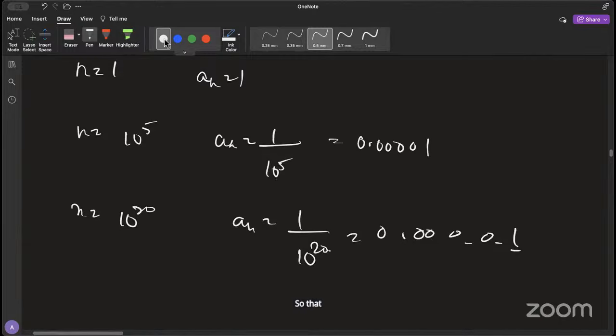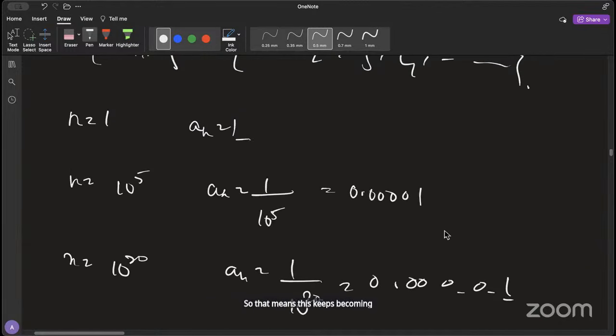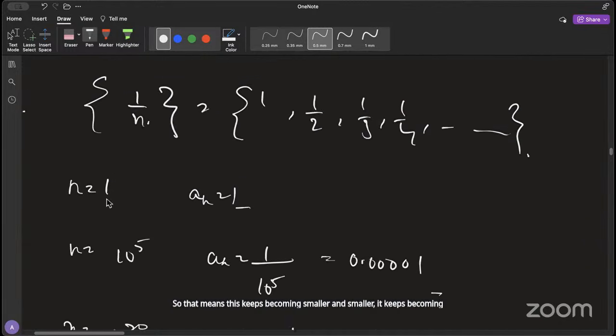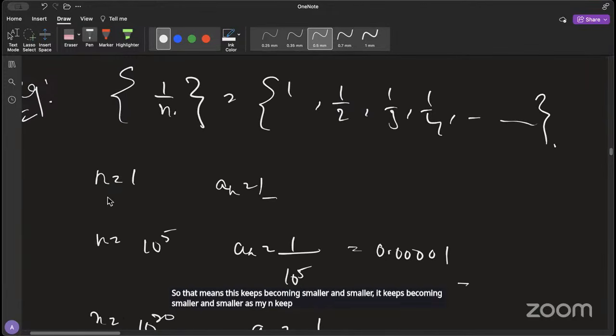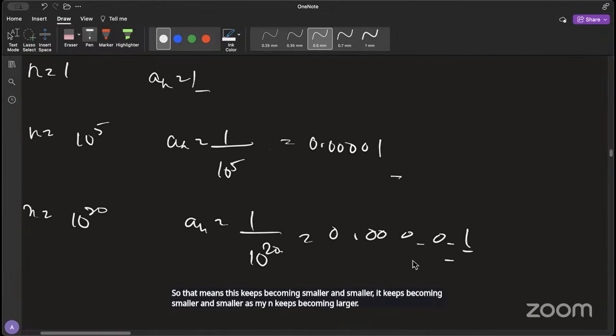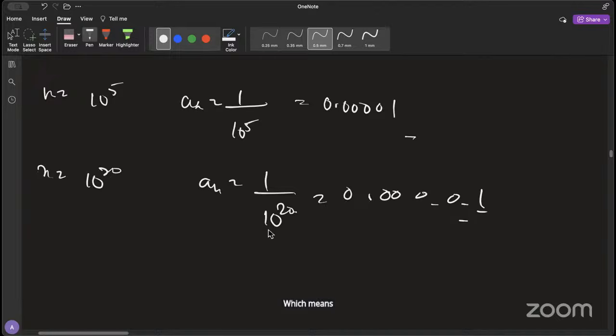That means this keeps becoming smaller and smaller as my n keeps becoming larger, and it will never be less than 0. So as n tends to infinity, my 1 by n comes close to 0.